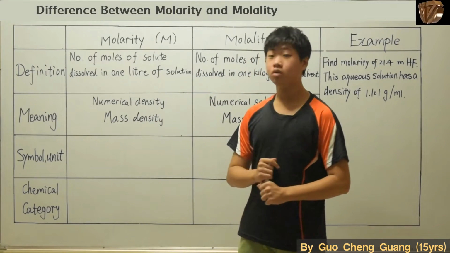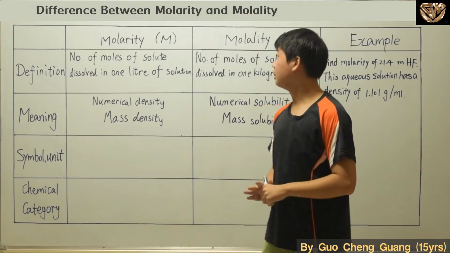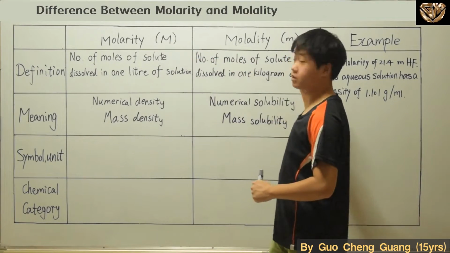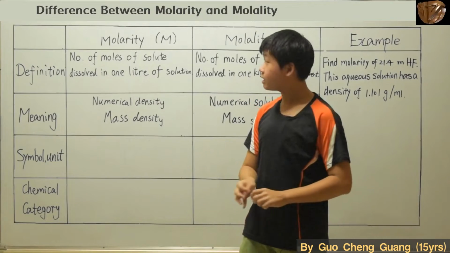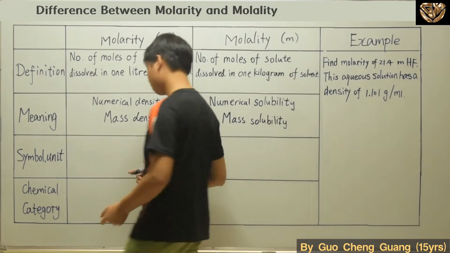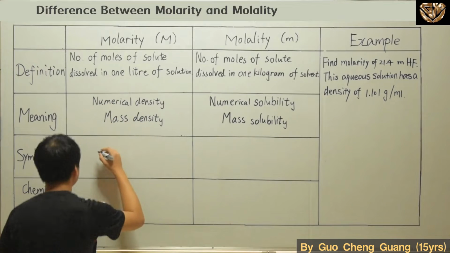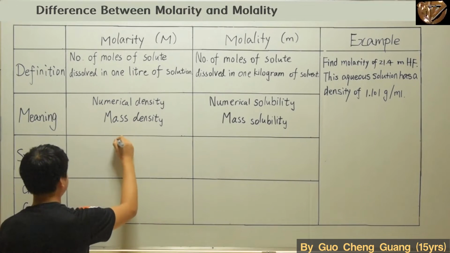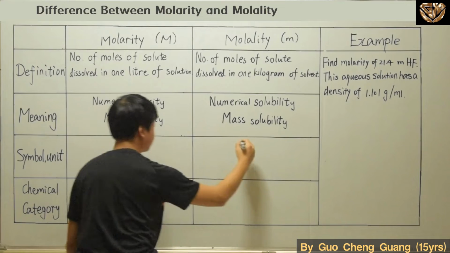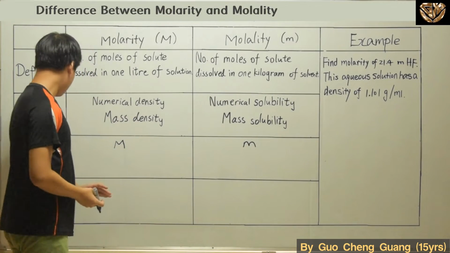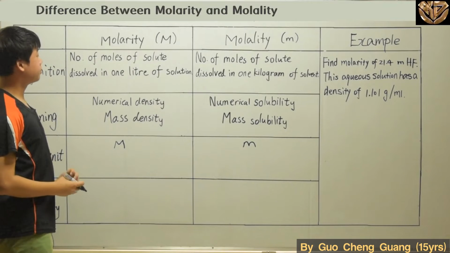Now, symbol and unit. The capital M and small m are its symbols. One is capital, one is small. And how about its unit?